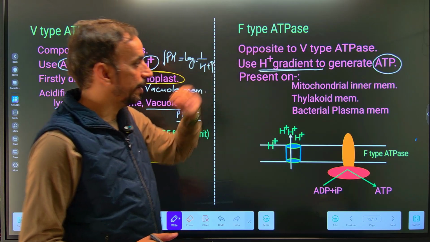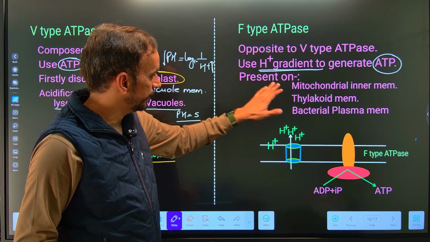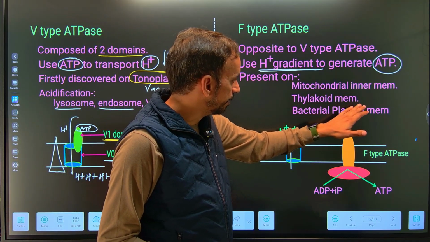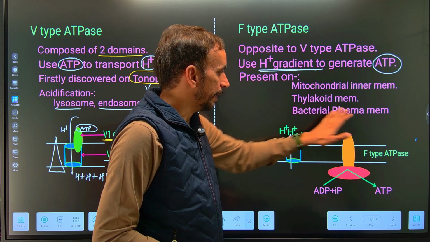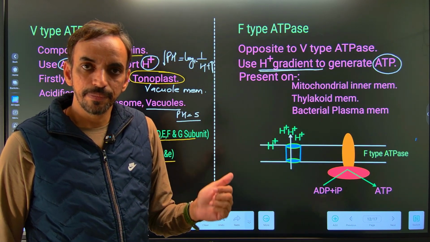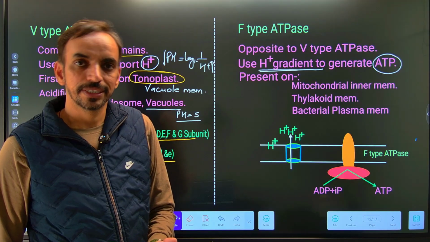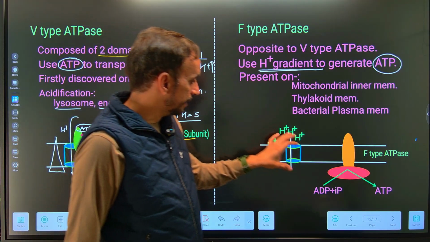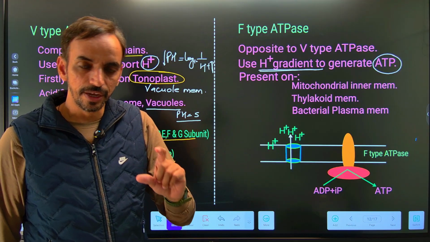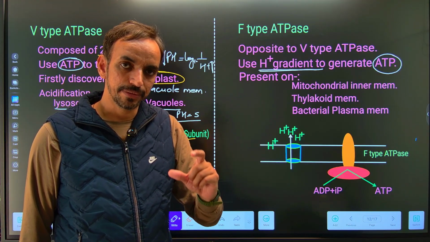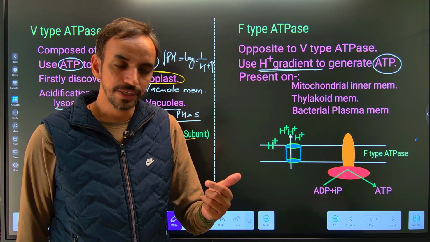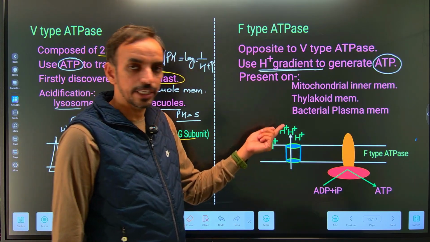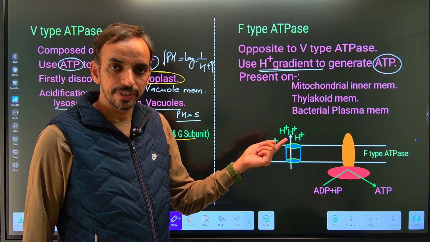ये जो F type ATPases हैं, they mainly remain present on the mitochondrial inner membrane, thylakoid membrane and the bacterial plasma membrane. जैसा कि अपन ने बात की थी जब अपन ने बैक्टीरियल rhodopsin स्टार्टिंग में पढ़ा था कि the bacteria they have a transporter on their plasma membrane which is known as bacterial rhodopsin, which transports the H plus ion against their concentrational gradient.